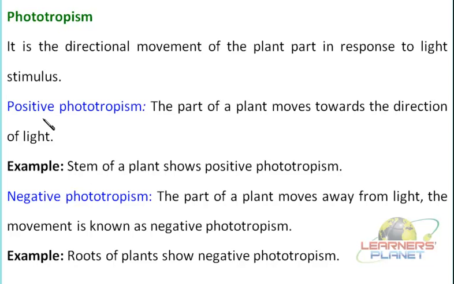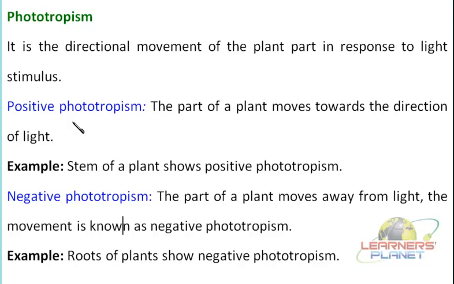This fact, regarding movements related to the response towards the light, can be understood in your practical life also. If we keep a plant in a gallery or in a corridor, then of course we can see the pattern of its bending, isn't it? You must have observed it.